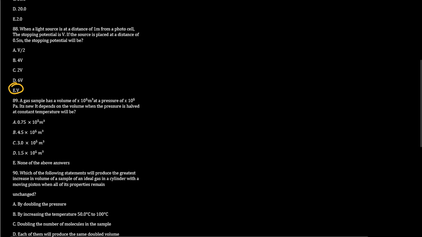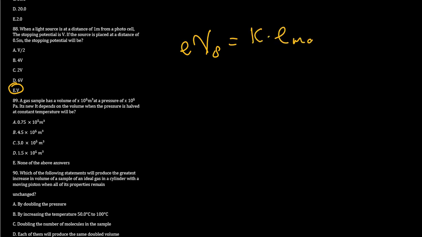The stopping potential is the minimum negative voltage applied to the anode to stop photocurrent, and it is equivalent to the maximum kinetic energy. So eVs is equivalent to the maximum kinetic energy KE max, from where the stopping potential will be equal to KE max divided by e.